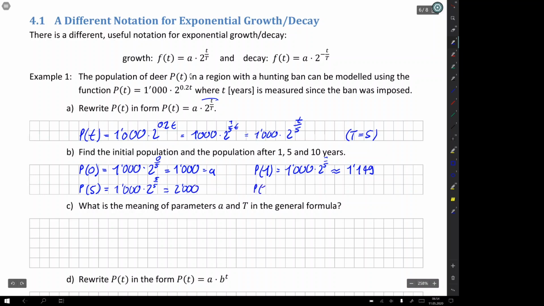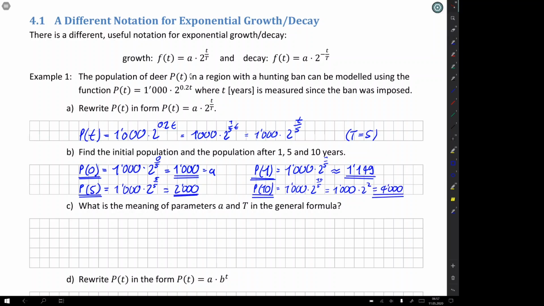And the population after 10 years is 1000 times 2 to the power of 10/5, so 1000 times 2 to the power of 2, which means we get 4000.